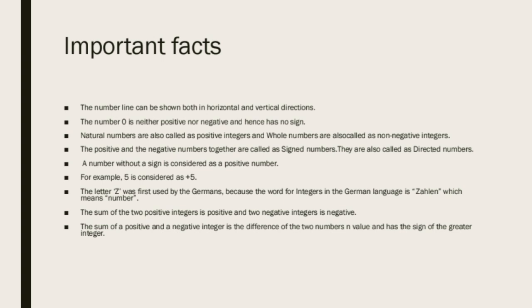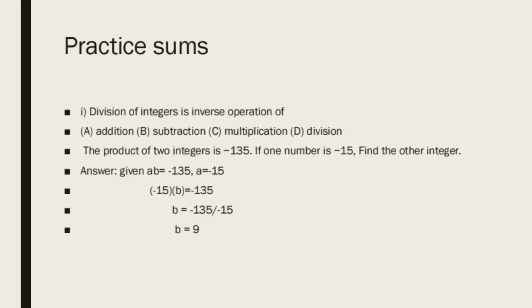The sum of a positive and a negative integer is the difference of the two numbers' values and has the sign of the greater integer. Division of integers is the inverse operation of multiplication.